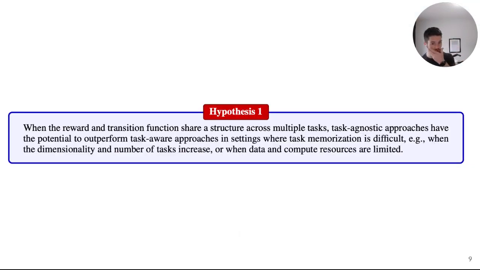This leads us to a first hypothesis, which is that depending on the setting difficulty, it might be more challenging to perform task memorization compared to fast adaptation. This would mean that task-aware approaches are not always an upper bound to task-agnostic ones.